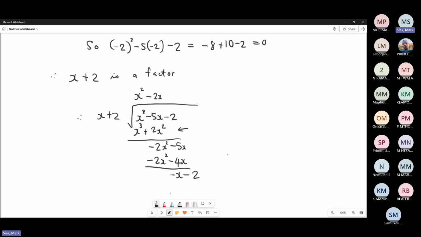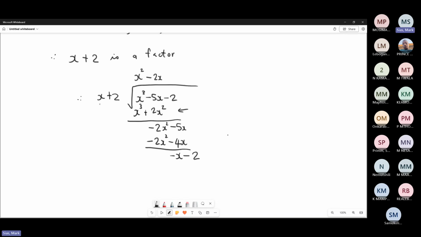Now I ask myself, how many times does x divide into minus x? Minus 1 times. And then I multiply minus 1 again by x plus 2, and I get minus x minus 2, and subtraction gives me 0.